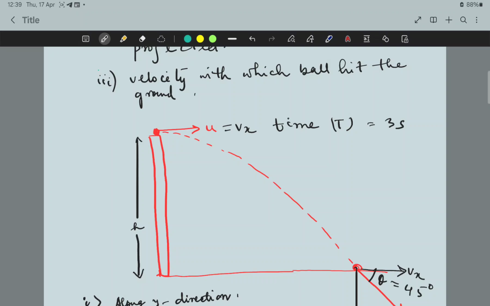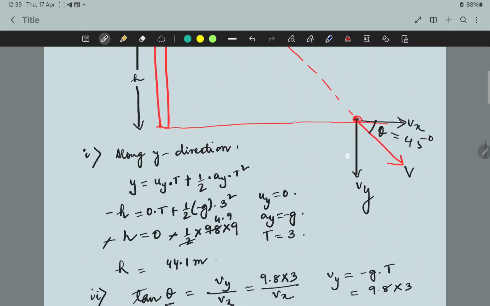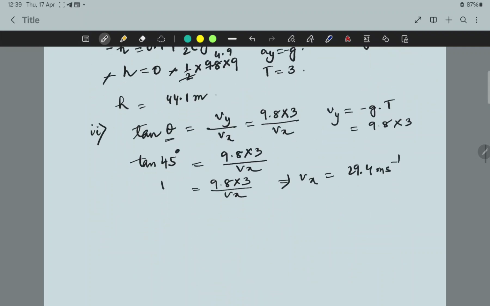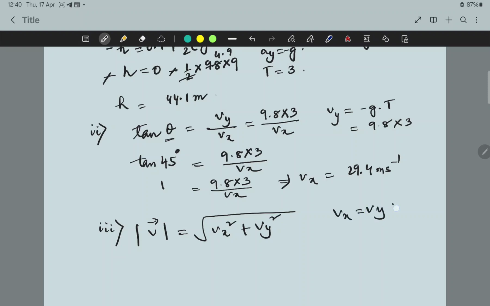Now the velocity with which the body is hitting the ground. You have seen in the previous sums that it will be the resultant of the x component of velocity and the y component of velocity. So that will be the square root of Vx square plus Vy square, and here since theta is 45, we can see that Vx is equal to Vy.